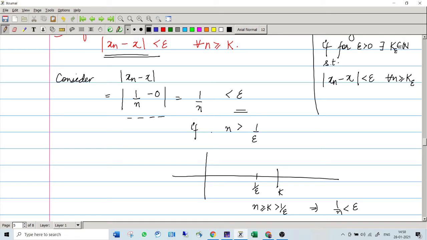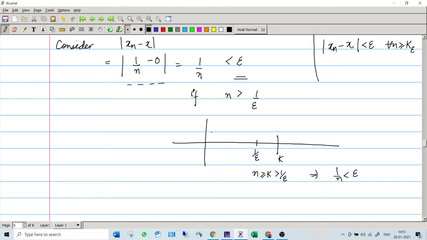So you are able to find some natural number which depends upon epsilon, of course. If 1 by epsilon is here, then you'll have your k somewhere here; if 1 by epsilon is here, then you'll take your k to be the natural number which comes up next. So as epsilon changes, your k will change.